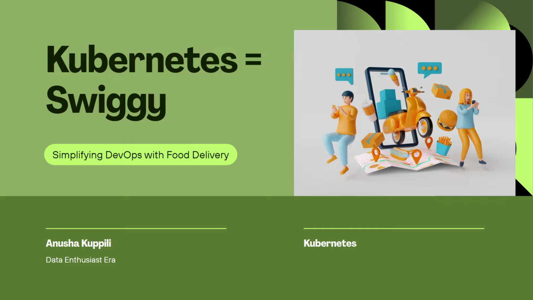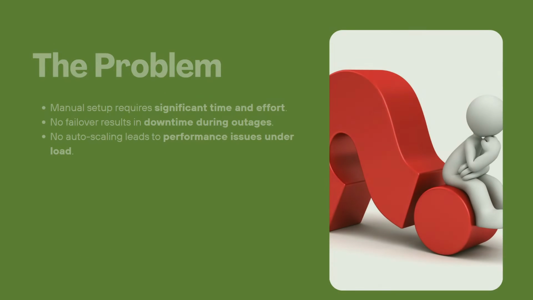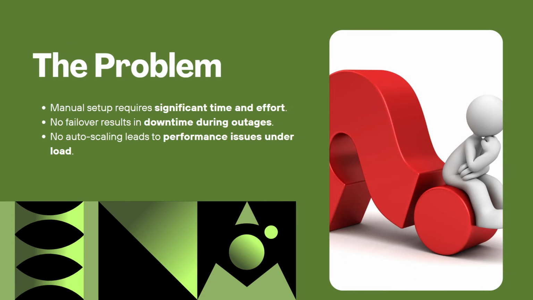Kubernetes is like a food delivery app for containers. So when you place a food order, you don't think about the kitchen, the cook, or the logistics. You just want your food delivered. Behind the scenes, Swiggy handles everything, choosing the restaurant anyway we are going to choose, but it will take care.